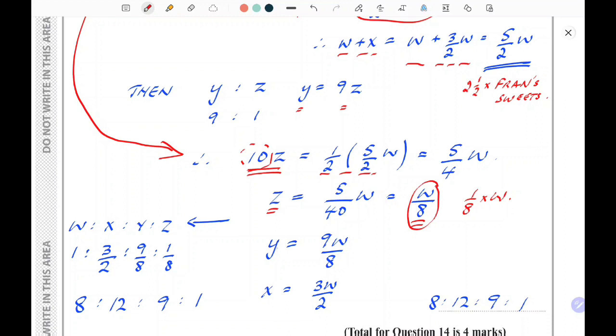Then we can apply that using all the ratios we worked out so far, that Y is, remember, 9 times whatever Z was. And so Y must be 9/8 of W.